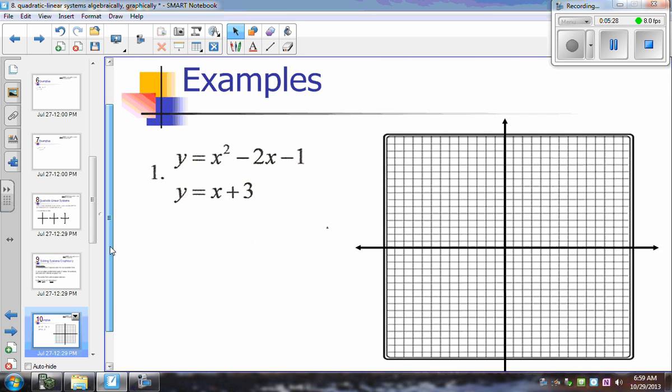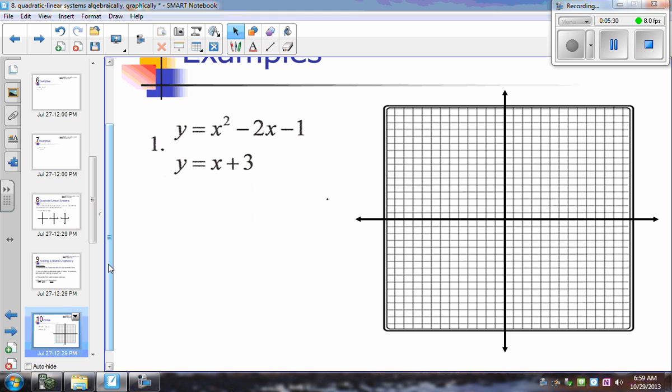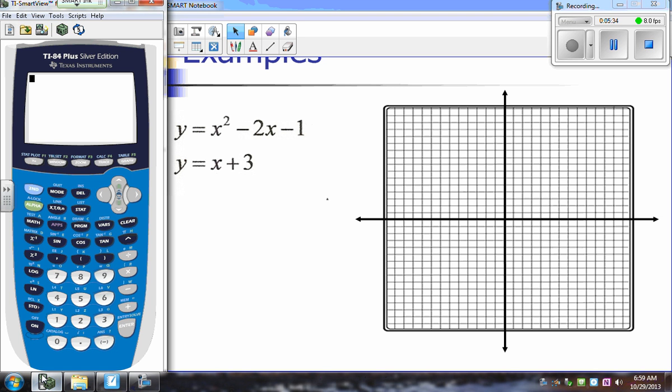So, to do one quickly, here is your parabola, here is your line. For the parabola, like we saw in class, we want to make sure that we go to our calculator, put everything into y equals accordingly. So here is our x squared minus our 2x minus 1.